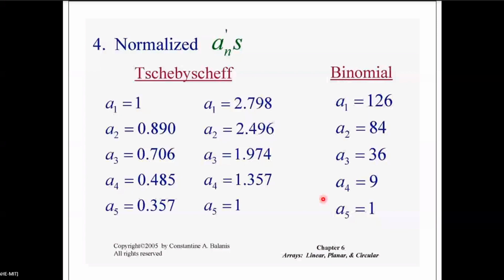Then you have got A1 cos u plus A2 into 4 cos cubed u minus 3 cos u.